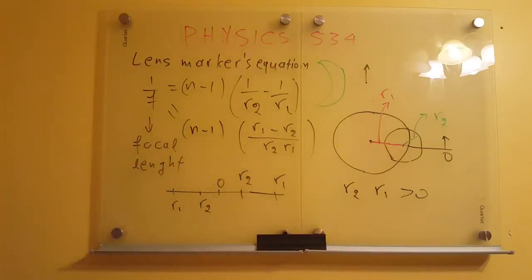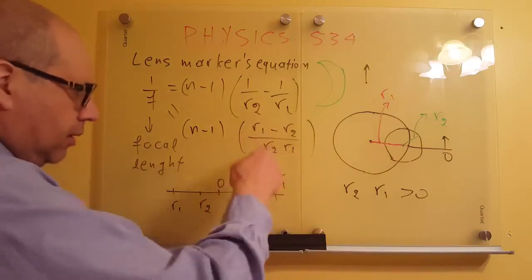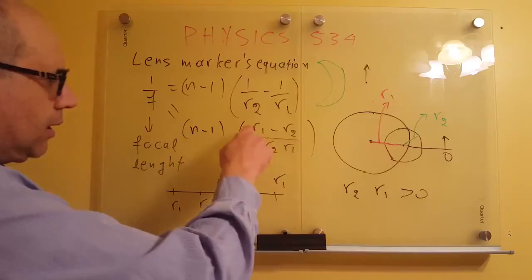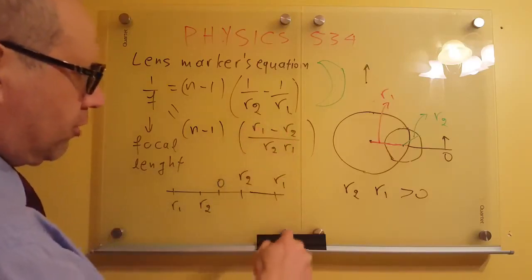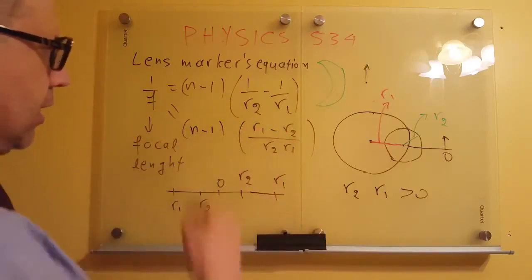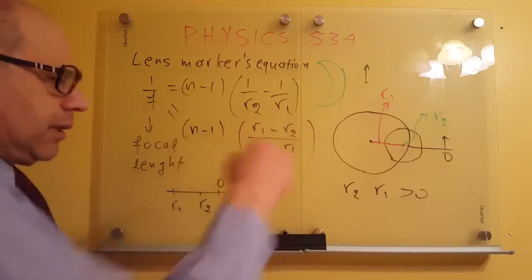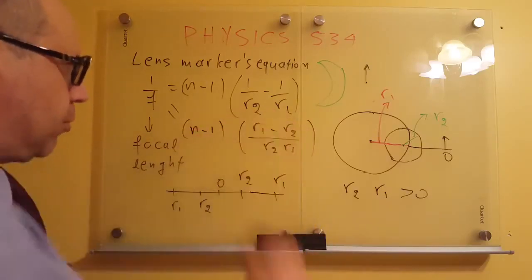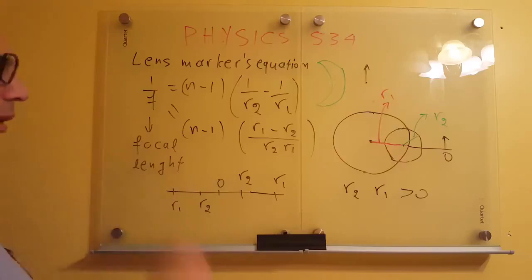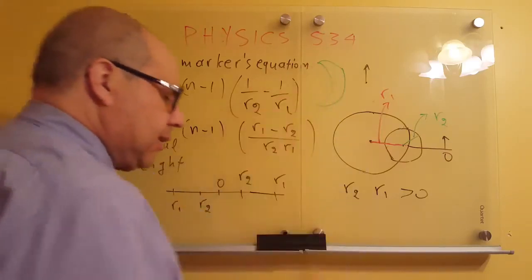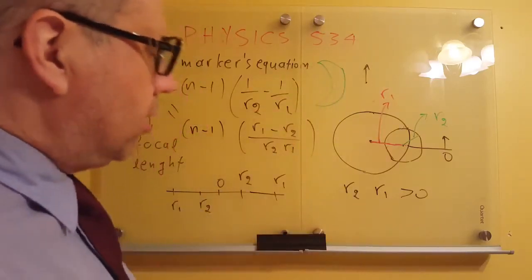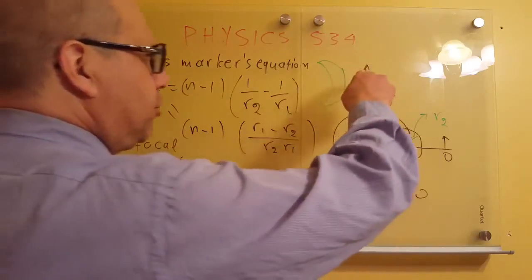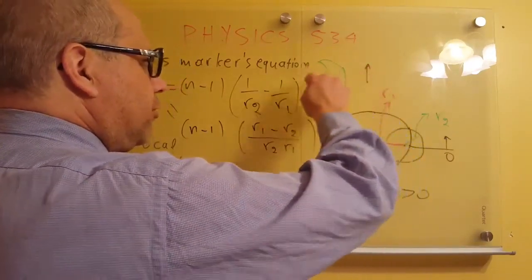So now you see that, again, this is positive. Now this here is also positive because of course the R1 is greater than R2, so that means that all this product here is positive, which means that F is positive, so that means that this lens again is converging. Doesn't matter if you put the object from this side or from this side.